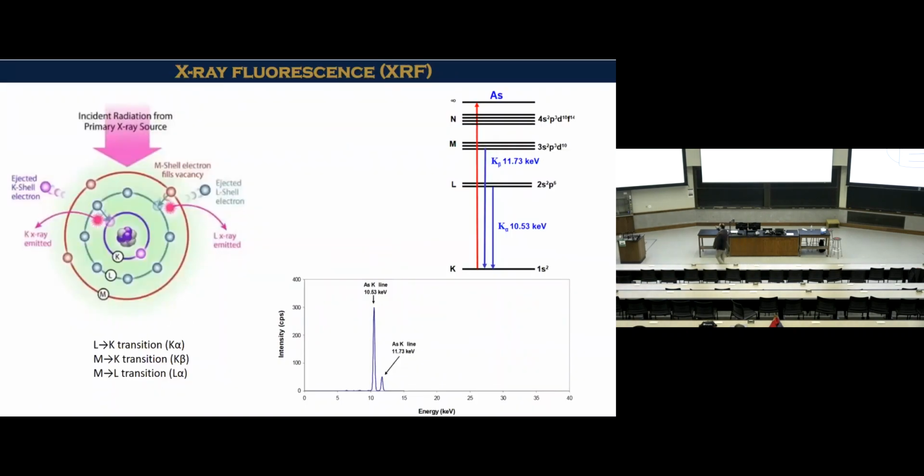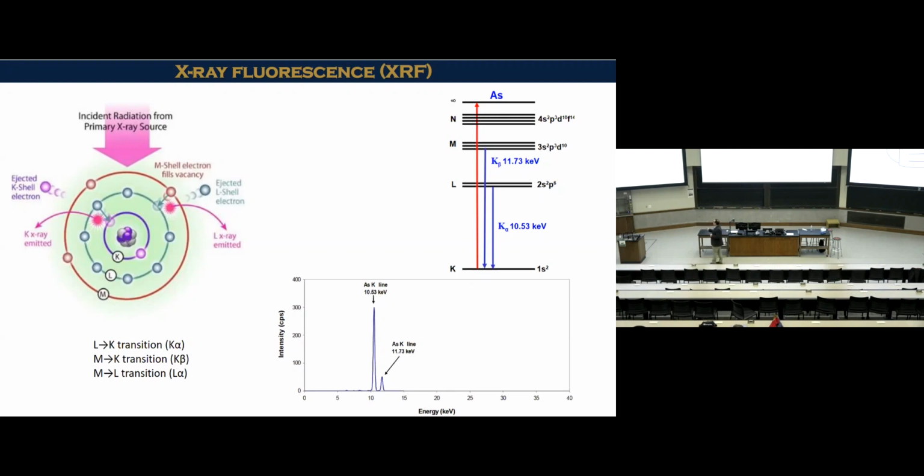The first technique that we used is called X-ray fluorescence. This is a very easy technique, and we have two devices. The basics is that you shine X-rays on your material, and inside the material you ionize some of the atoms, and some of the electrons jump out of the atoms.